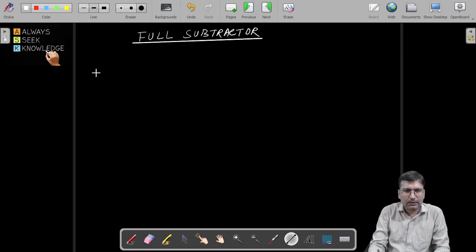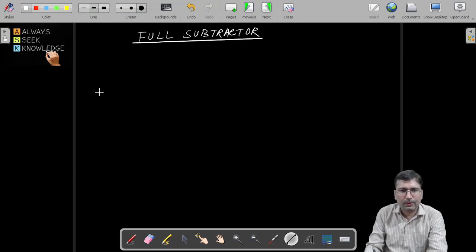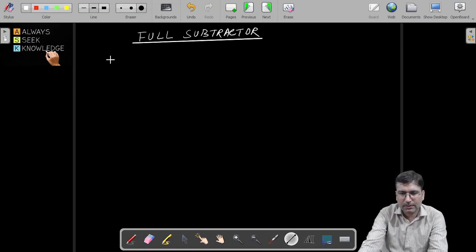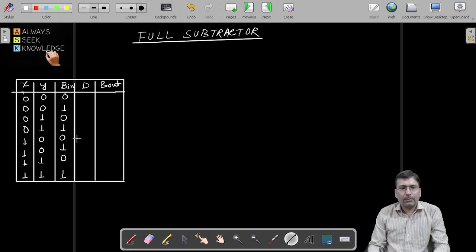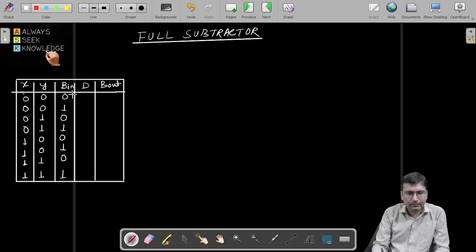So let's draw the truth table of the full subtractor. The truth table looks like this. In this, let's fill the values of difference D and borrow out.